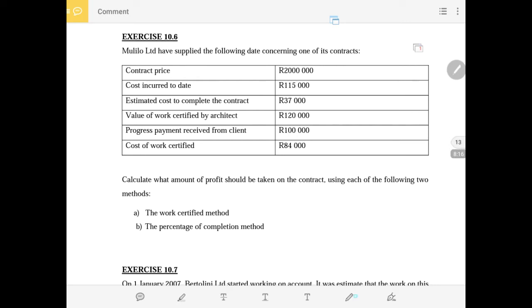So we have now our practical question that we are to take into account, which is question 10.6. It says in question 10.6 that Mulilo Ltd have supplied the following data concerning one of its projects. Now we have the following contract. The contract price is 200,000 rands.